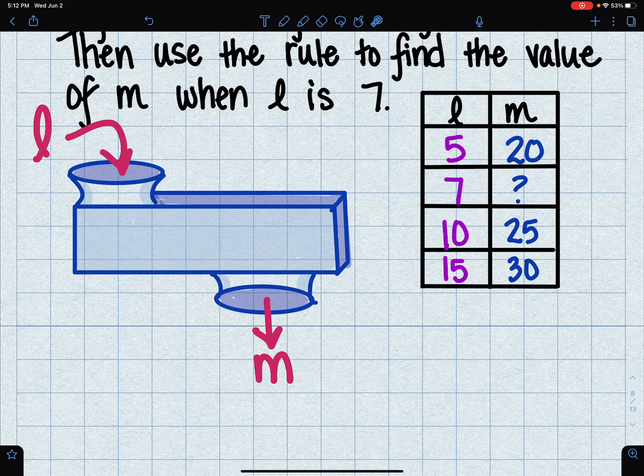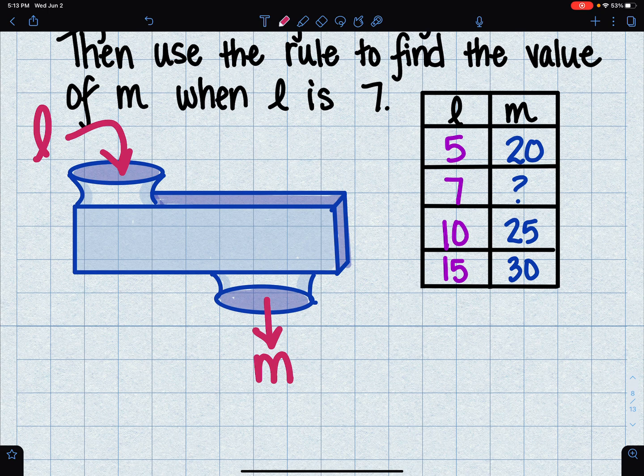Okay, so we might say if we plugged in a 5 and a 20 spit out, it could be that the function is 4 times 5, right? Because 4 times 5 is 20.